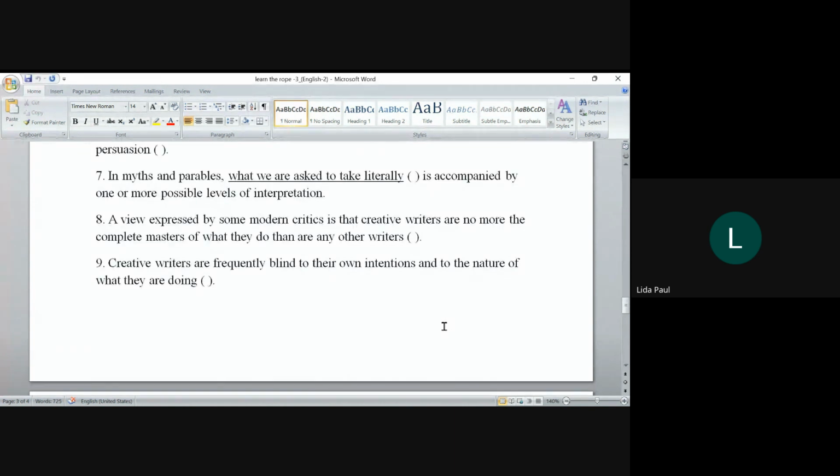Eighth one: a view expressed by some modern critics is that creative writers are no more the complete masters of what they do than they are any other writers.